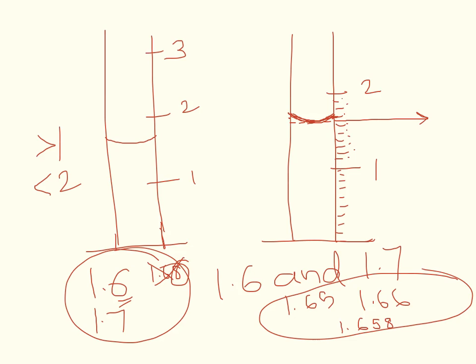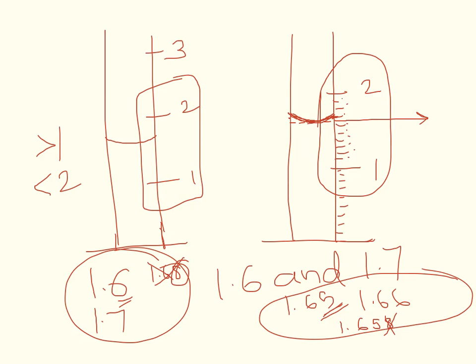You can only guess up to the 5. The 1.6 is marked for you, this 5 you can guess, but you cannot guess this 8. The point is, there are 2 measuring cylinders, but the marking on the instrument is a little different, so based on that, you will write your measurement.